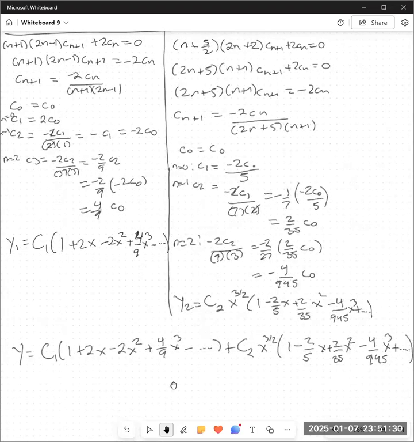This is usually not something that we do a whole lot with because we know pretty quickly whether 0 is an ordinary point or a singular point. If 0 doesn't work, then we center our series somewhere else, just like with the series that you learned in Calculus 2 for ln of x.